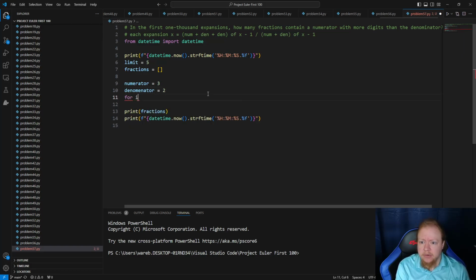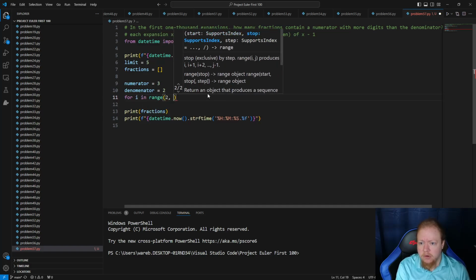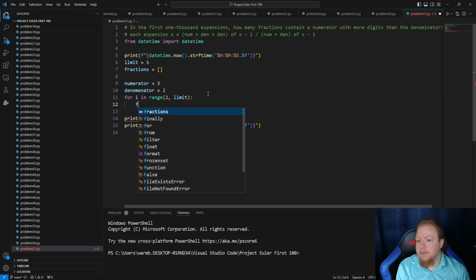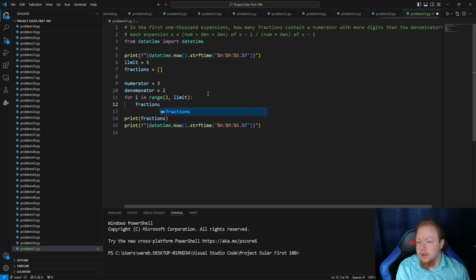And then for i in range 2 to limit, I'm going to start this fraction off, so it's 3 over 2 is our very first one.